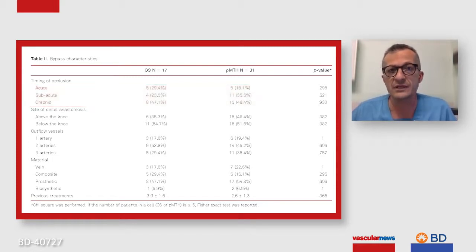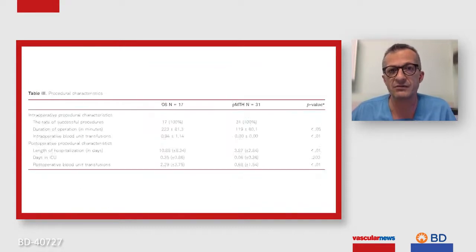Regarding the treatment, there are three significant differences between open surgery and Rotarex S. The first one is the duration of operation, which is about half in the Rotarex group. The blood transfusions are significantly lower in the Rotarex group.